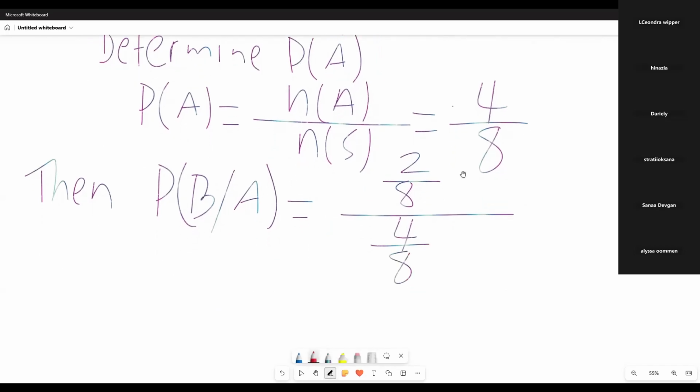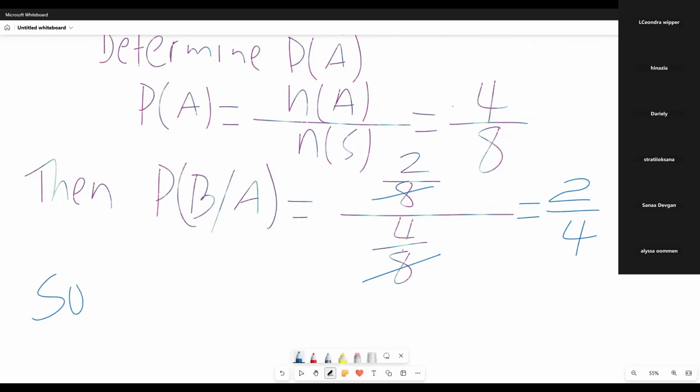And then this guy, it's 4 over 8. Now, if you want, you can cancel this. Not this one, sorry. If you want, here you can get rid of the 8. So you got only 2 over 4.